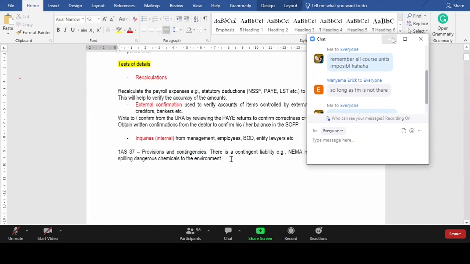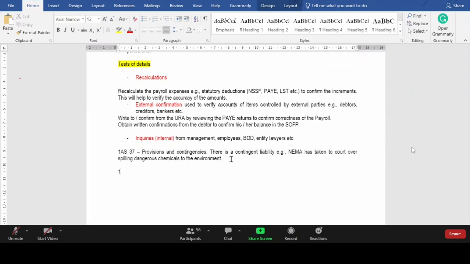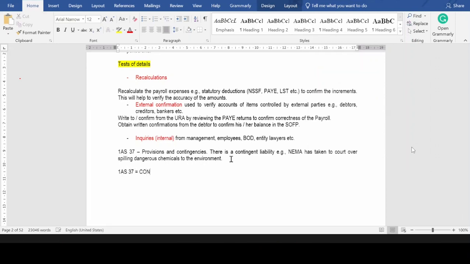Now, from accounting, from IAS 37, for contingent liabilities, there is only a possibility of contingencies materializing.